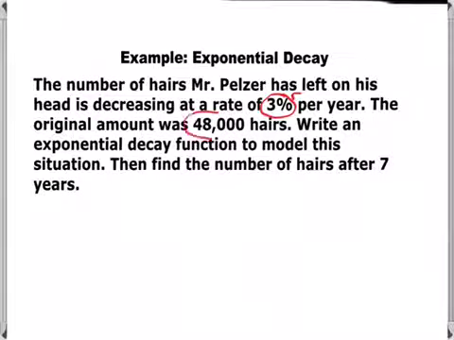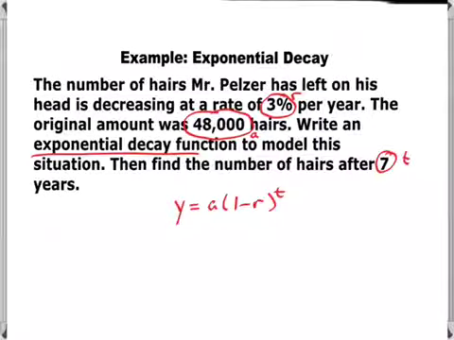So the rate is 3%. The initial value is 48,000. And then the time, or t in this case, is 7. So we're setting up our exponential decay function. So a times 1 minus r to the t power. So we're going to plug in these values. So y equals our initial value of 48,000 times 1 minus the rate, so 0.03, raised to the t power, which is 7.